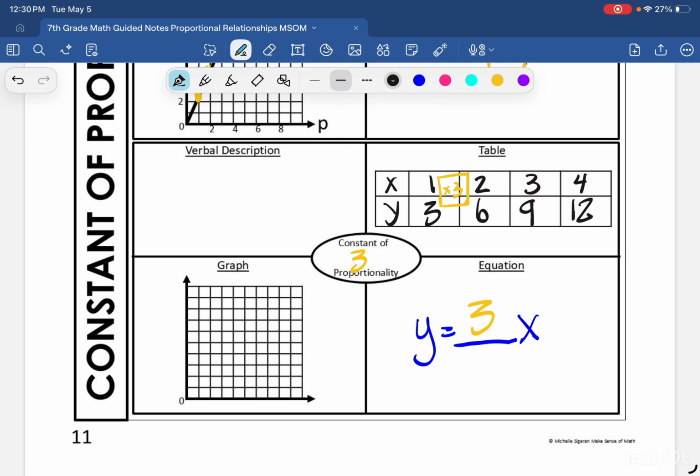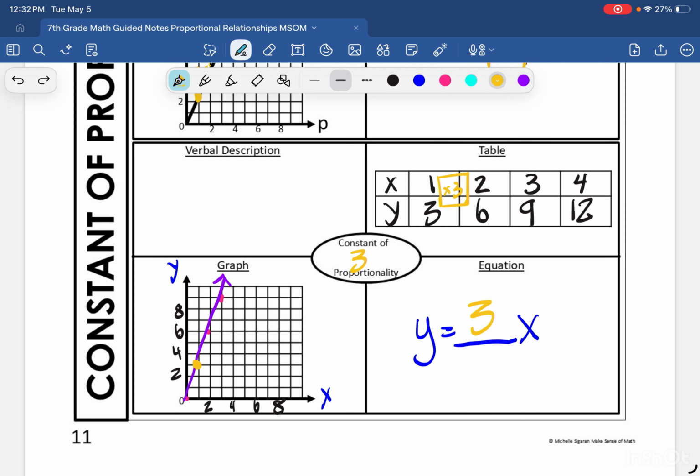On my graph, let's label this x and y. Quickly take a second and label the graph. I can just use the points from my table to make it a little bit easier. So I have 1 is 3, 2 is 6, 3 is 9. So here's my graph. My constant of proportionality, I can see what it is when it's 1.